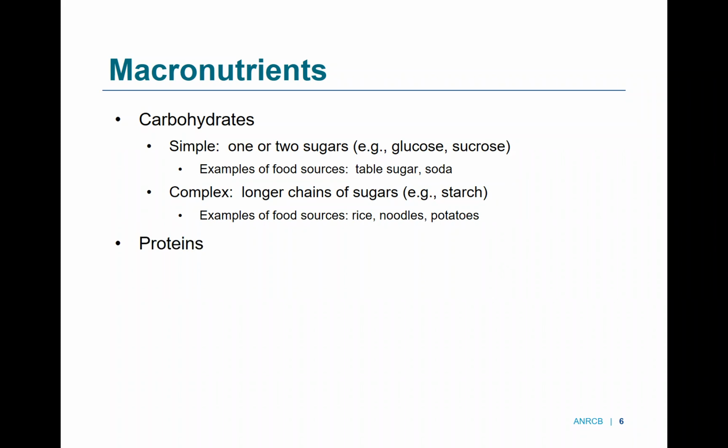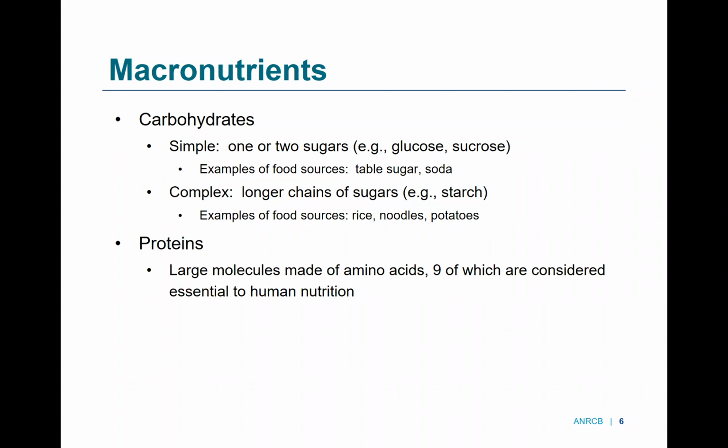Proteins come from animal sources or come from lentils or beans. These are also macronutrients. They're large molecules. They're made of component parts called amino acids. And there are many amino acids, some of which our bodies can produce and some of which we must eat.